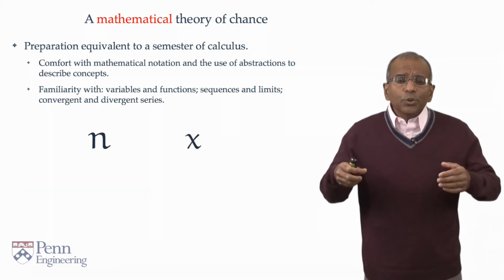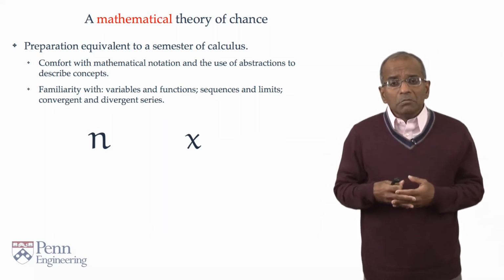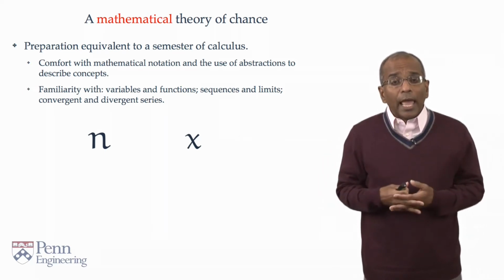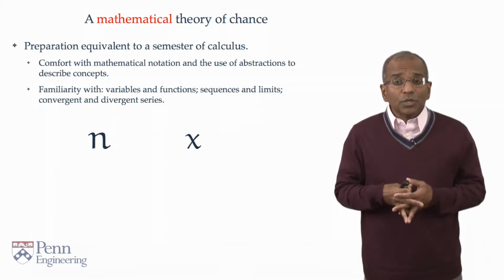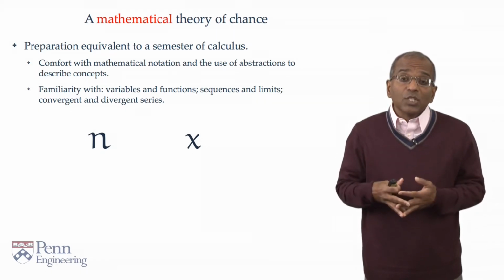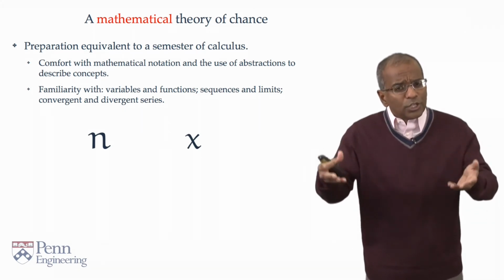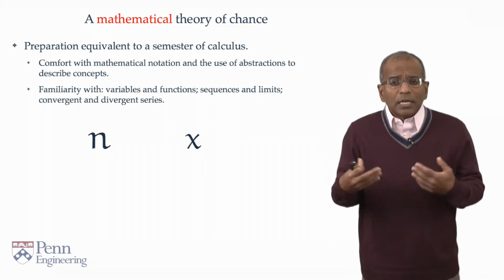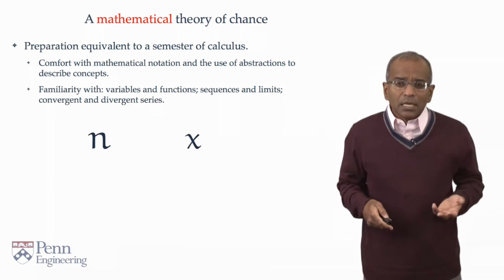We'll occasionally use other variants on the theme. For example, letters like I, J, K, L, M, and N can represent integers. Letters like R, S, T, U, V, W, X, Y, Z may represent real numbers. But of course, generically, long tradition has conditioned us to thinking of integers as n, real numbers as x.